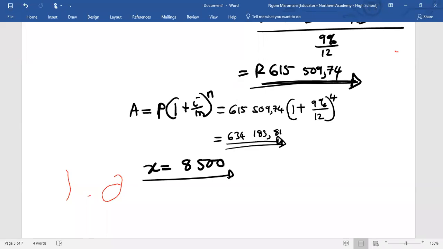So we are still going to use the present value formula, which is X into 1 minus (1 plus i) to the power minus n, all over i. Do you see that one? Good. So what's our present value now?